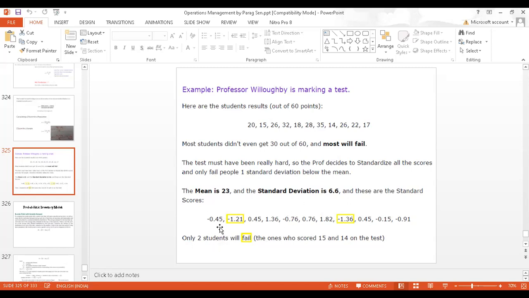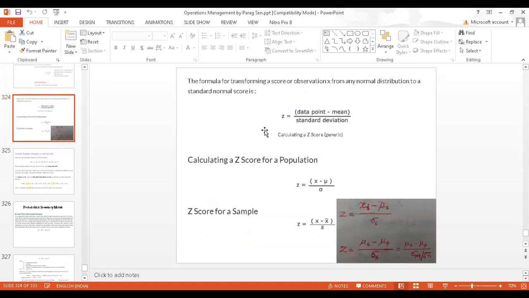These values represent Z scores. So your Z score is given by the data point minus the mean divided by sigma. If you do the cross multiplication here, then you will get Z into standard deviation equal to the difference between the data point and the mean value.